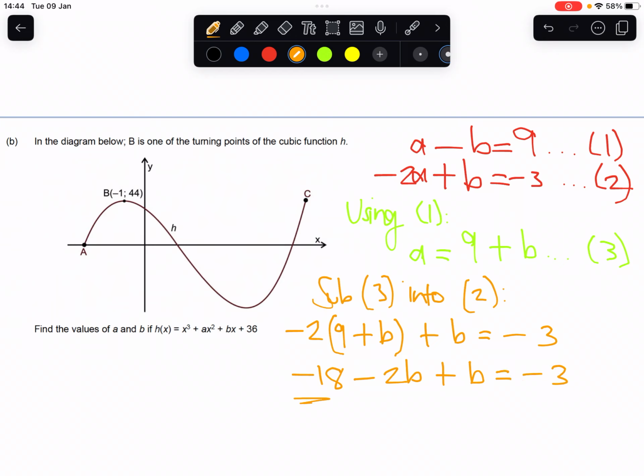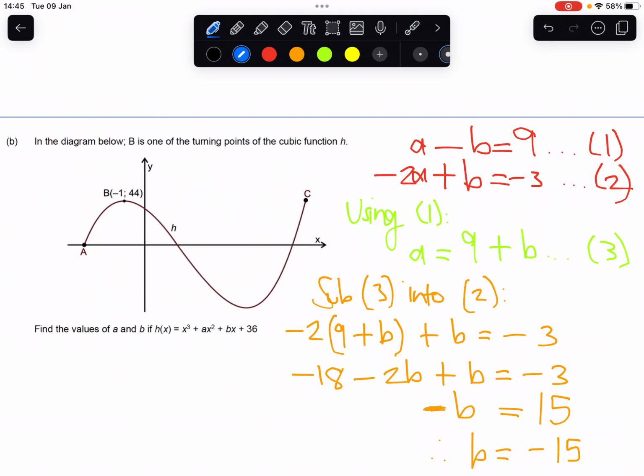So let's add 18 on both sides to get rid of this guy. Let's simplify this as well. Minus 2b plus b is just minus 1b, okay? And minus 3 plus 18, or 18 minus 3, is positive 15. And therefore b is equal to negative 15, right? So we now know what b is.